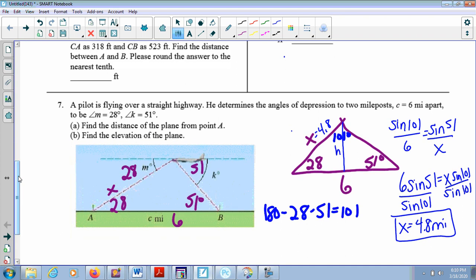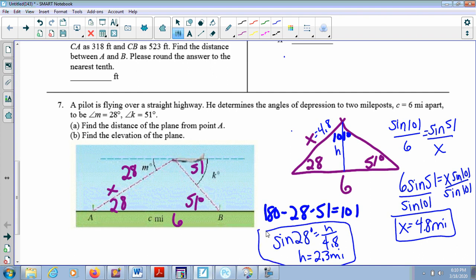So sine of 28 degrees is the opposite, which was our height, over 4.8. Multiply 4.8 times sine of 28, and I think you should get the height is 2.3 miles. Okay, but I won't ask you that one on the test, but that's just in case you wanted to know. You will have to know this part to figure out from A to airplane.